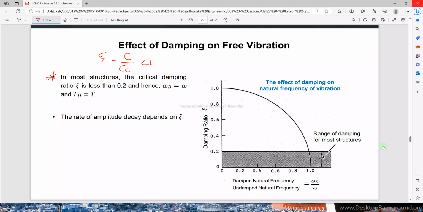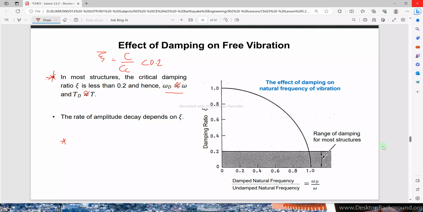Since that is small, omega d is approximately equal to omega, and the natural period due to damping is approximately equal to the natural period.